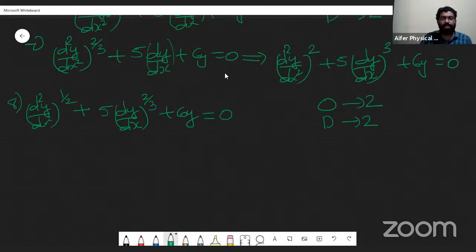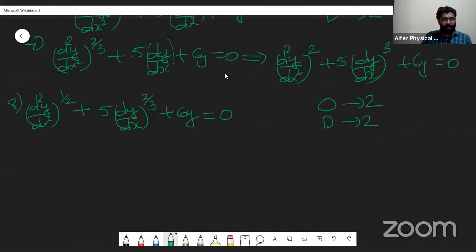Okay, so this is a case. Now, two terms contain fractional powers, so what we have to do is take the LCM of these fractions and multiply with that LCM. If you multiply with the 2, this fraction won't go. If you multiply with the 3, this fraction won't go. So take the LCM of 3 and 2, which is 6. So you have to multiply with the 6.